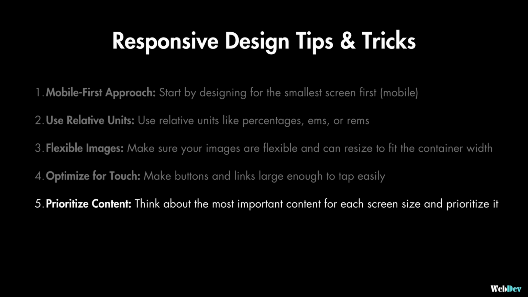For example, as you will see in our portfolio website, you might need to hide or rearrange certain elements on smaller screens to maintain a clean and usable layout. And by applying these tips and tricks, you can create responsive designs that are both beautiful and functional across a wide range of devices. And in this section, we will use these tips and media queries and breakpoints to make our portfolio website look better on mobile screens as well.